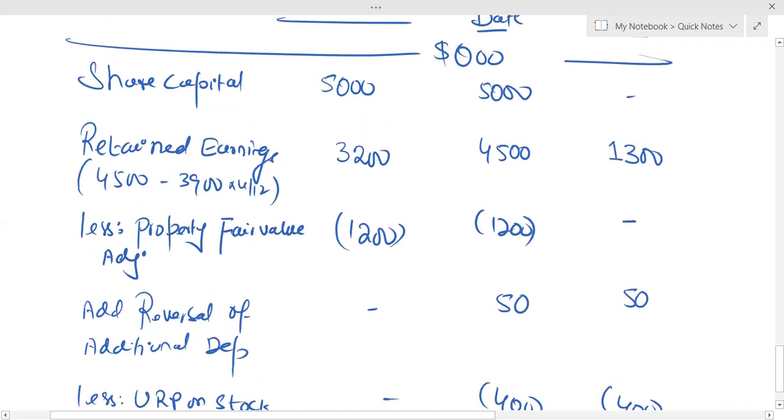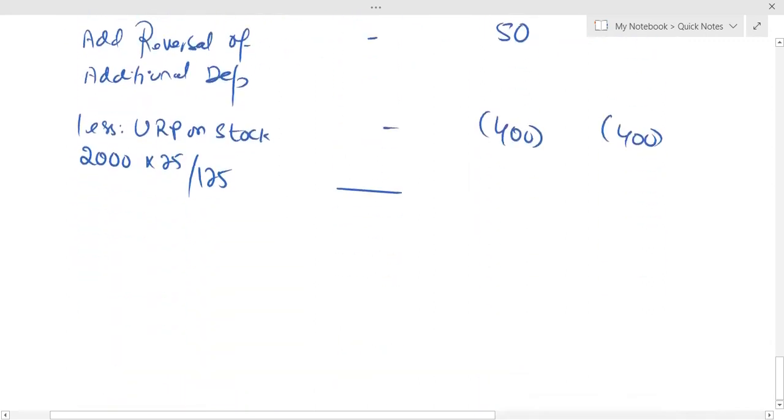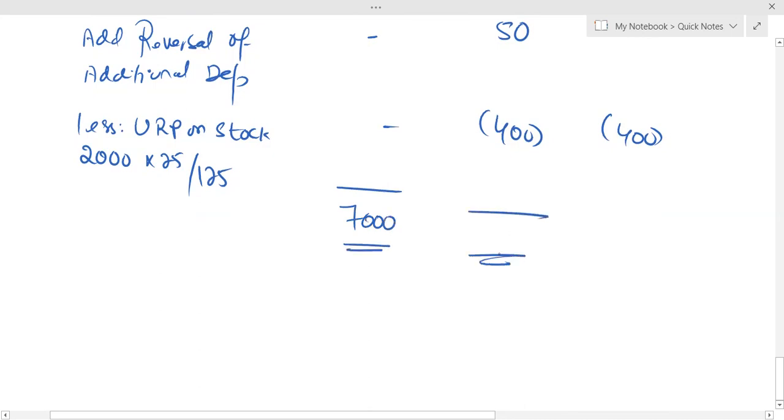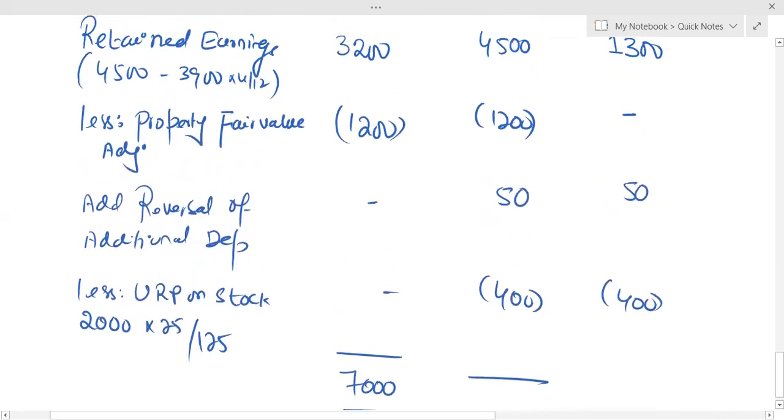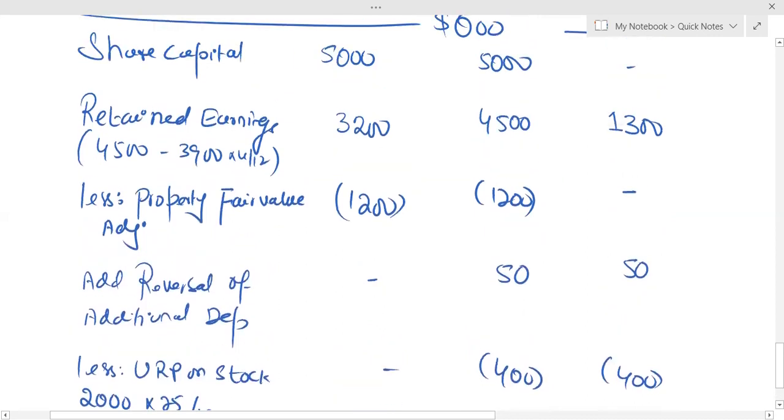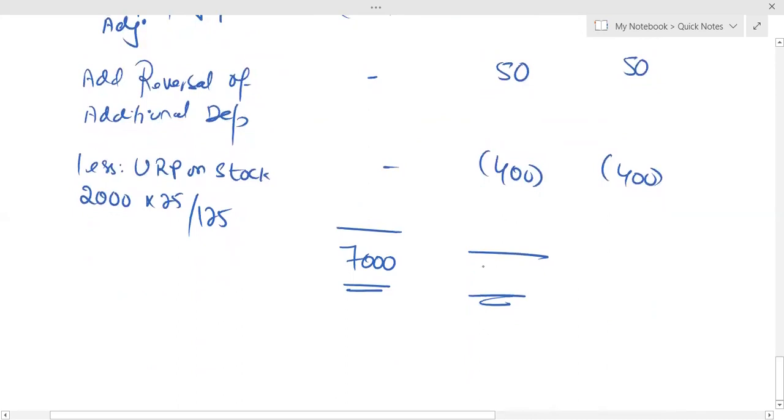So simply 5,000 plus 3,200 minus 1,200 gives me 7,000 fair value of net asset at acquisition. Here, 5,000 plus 4,500 minus 1,200 plus 50 minus 400 gives me 7,950. So obviously it is 950. Working 2 is the net asset which we have calculated. Now let's go for working 3, that is goodwill.